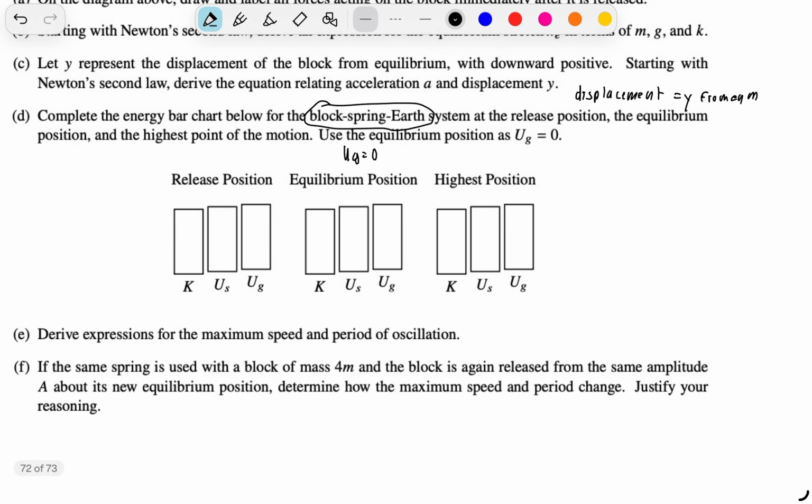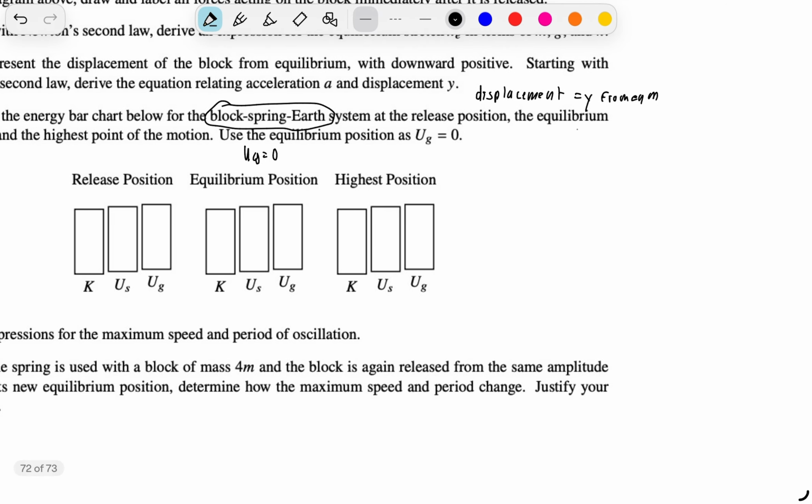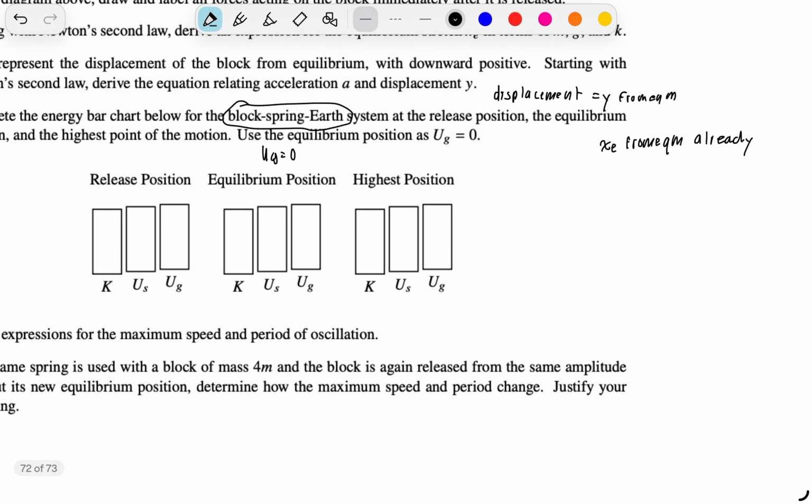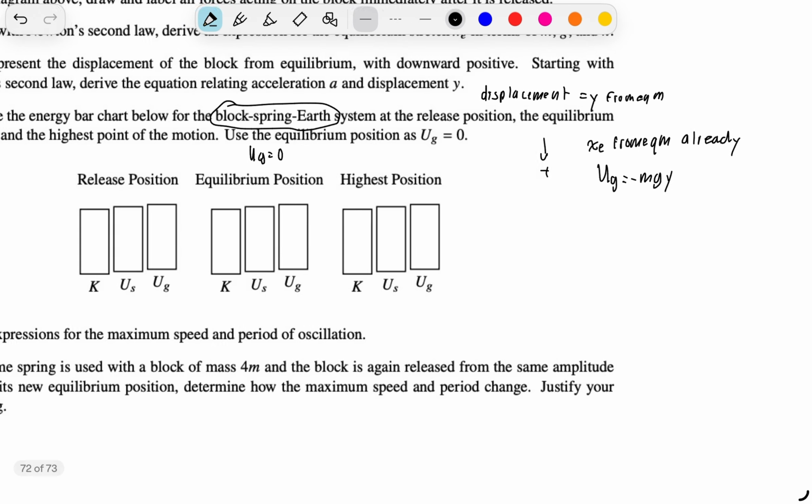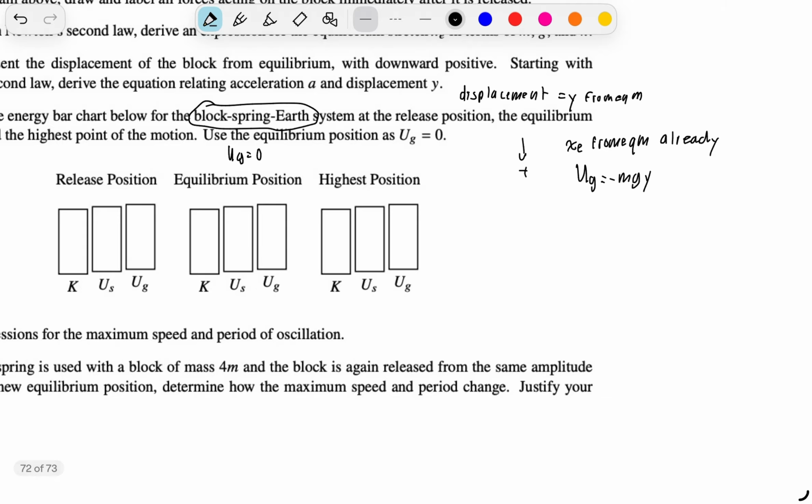So when we are already stretched, we already stretched xe from EQM already. So you also already have gravitational potential energy. Downward again is positive, and EQM is 0, so UG is equal to negative mgy, because moving downward is going to lower your gravitational potential energy.